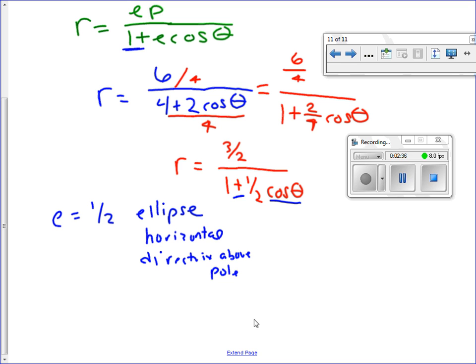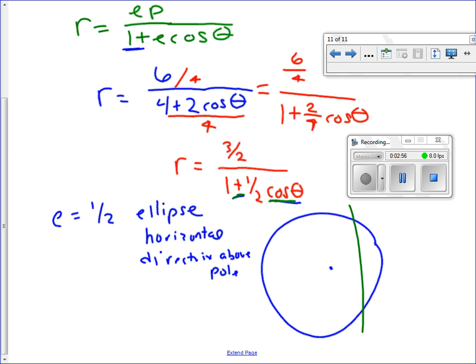So if I want to sketch a quick graph, here's my pole. My directrix is above the pole. Oh, excuse me, it's cosine. My ellipse is horizontal, which means my directrix is vertical, so not above. It's going to be to the right.